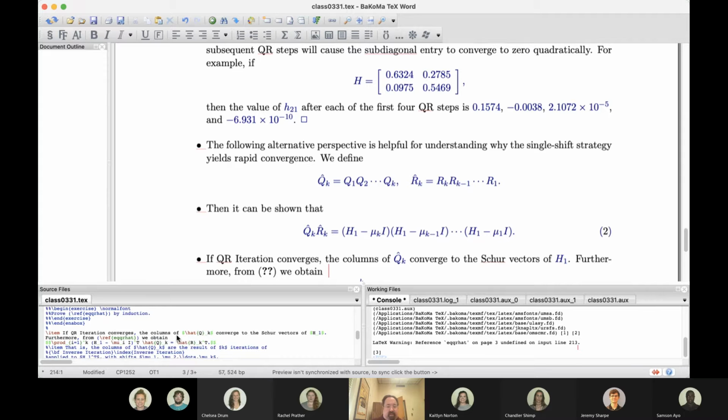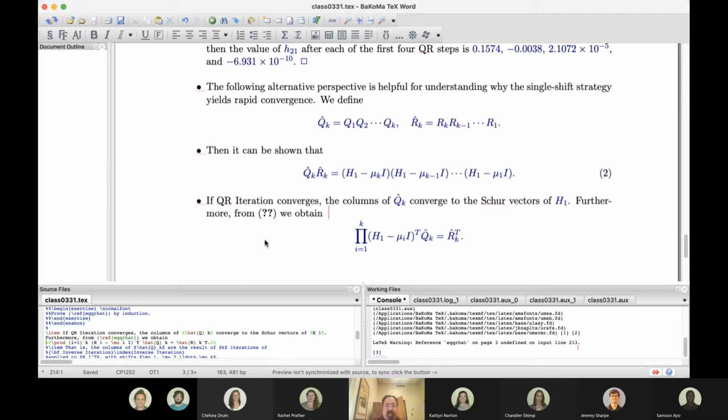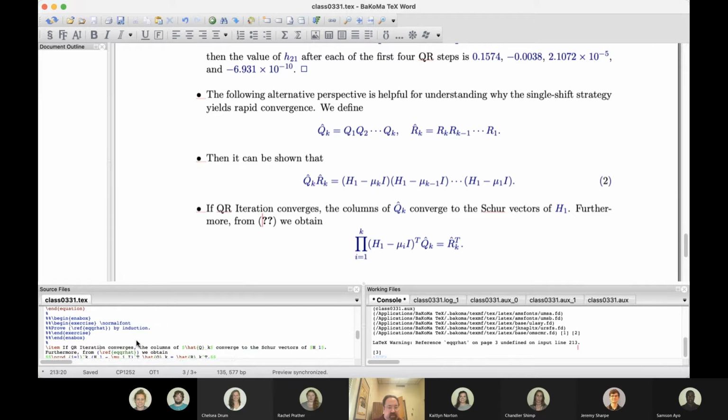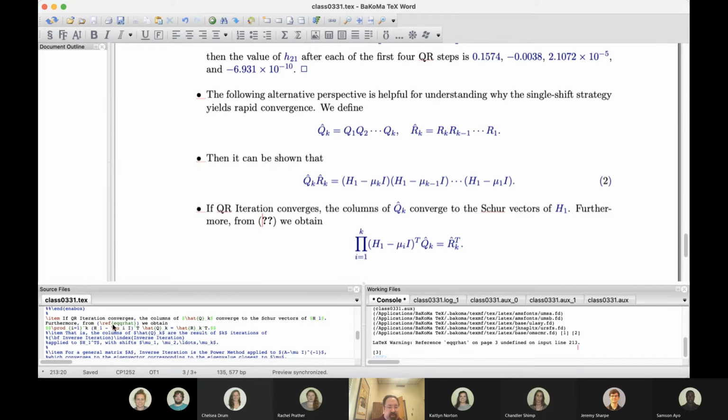Okay. All right, need to fix my equation reference here. So this would be equation 2. Okay. So another way of putting it is if I take the transpose of both sides of this and then multiply by Q_k hat to rearrange the equation, then this is what I get.